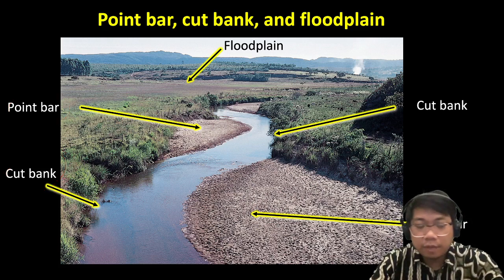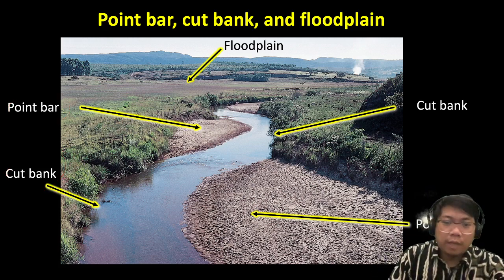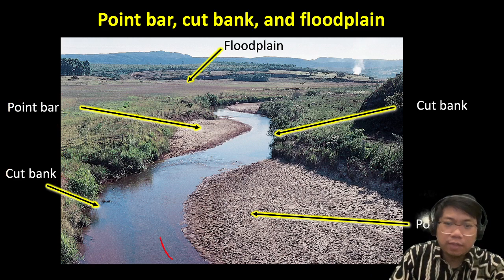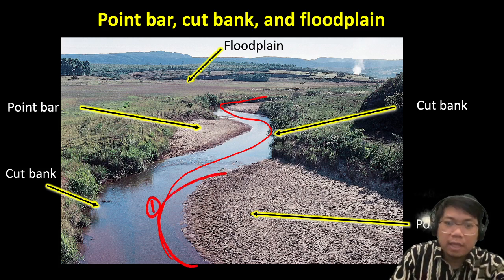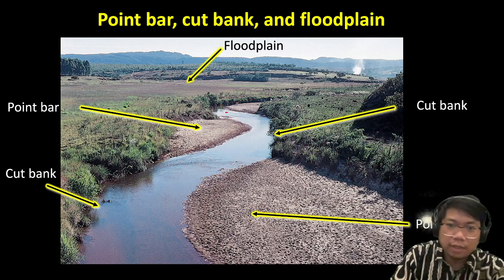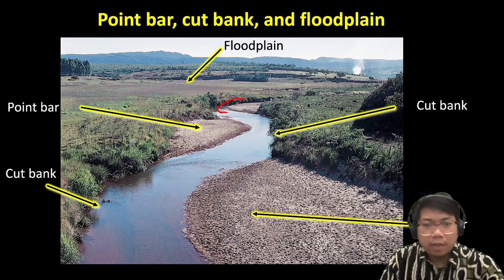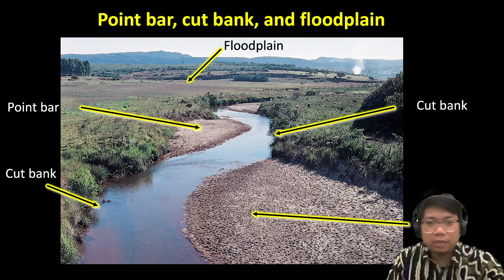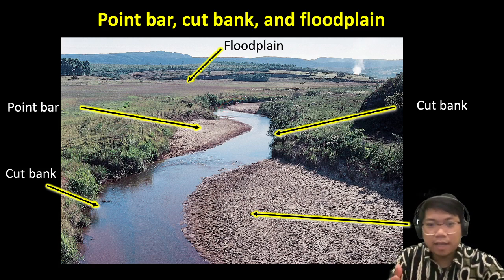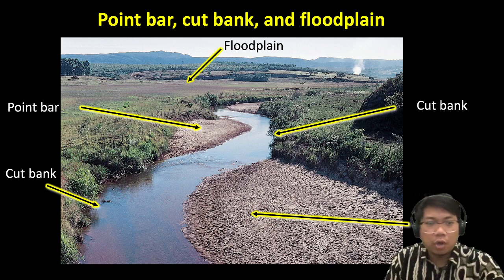So for example, in this picture right here, we have the channel, of course, going this way, okay, and it has one turn right here. This is the first turn, and here we have the second curve going that way, and then the third one, or the last one, going this way, right? So we have those curves right there, and it looks like this is a meandering river because it has a single channel and it's very curvy.